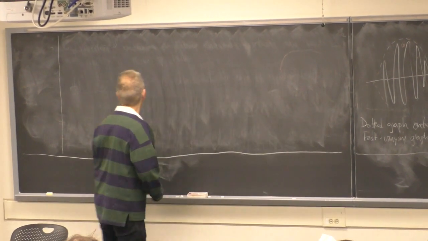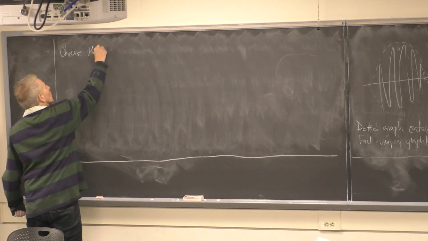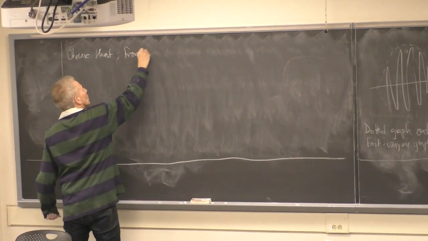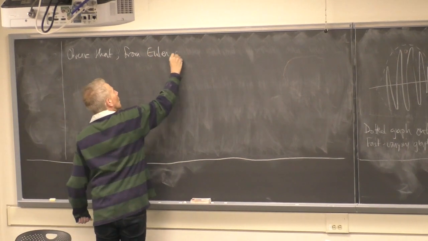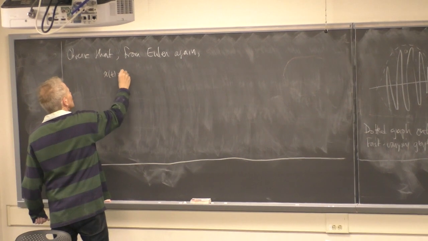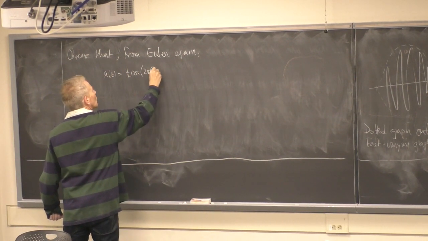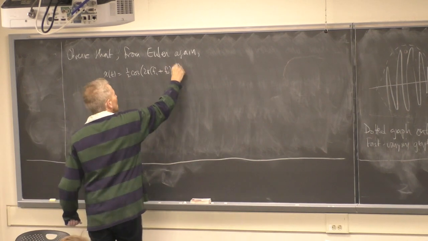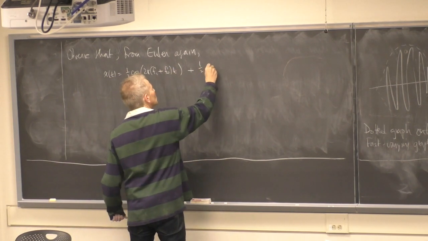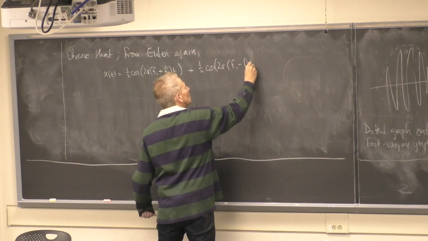Observe that, from Euler again, x of t is equal to 1/2 cosine 2 pi (f1 plus f0) t plus 1/2 cosine 2 pi (f1 minus f0) t.